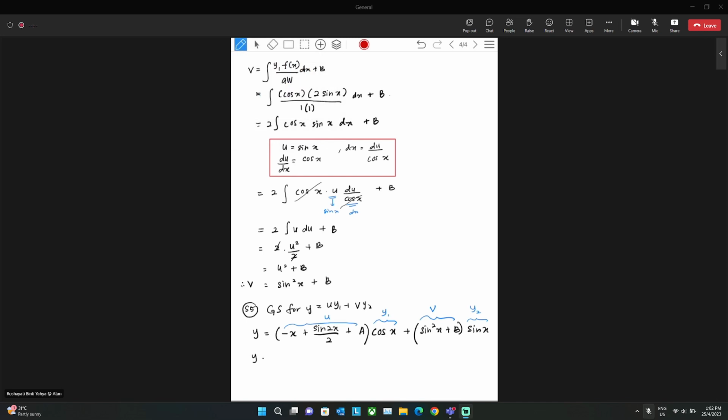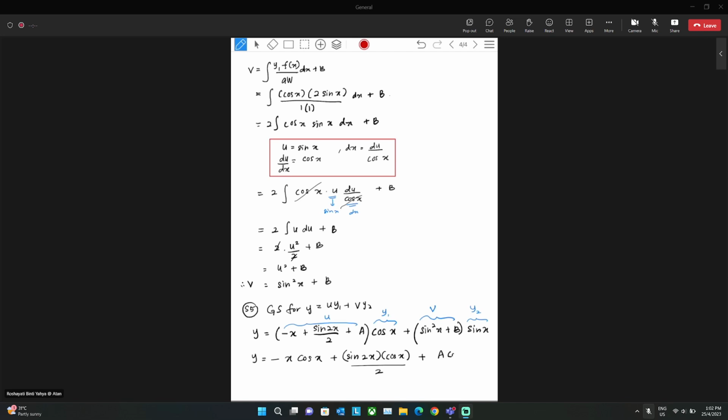So y equal to negative x cos x plus sine 2x cos x over 2 plus a cos x.